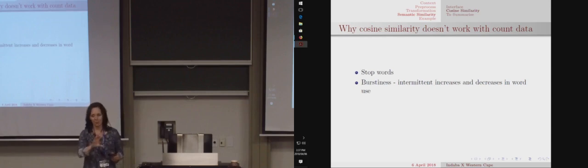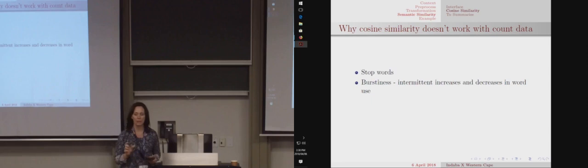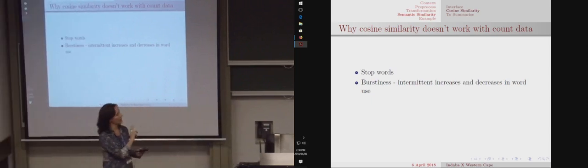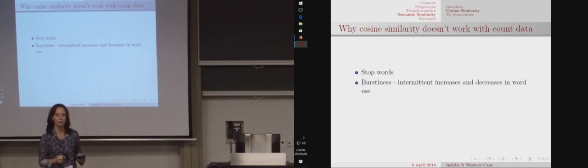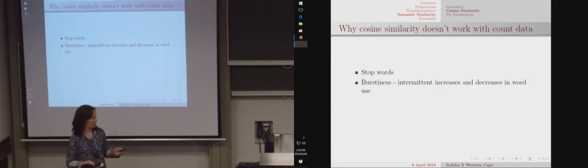You start to see people use words in a paragraph more often. And that is called burstiness. And that also messes up your cosine similarity. So this is a mathematical reason why you need to do dimensionality reduction. You can't do cosine similarity just on count data.